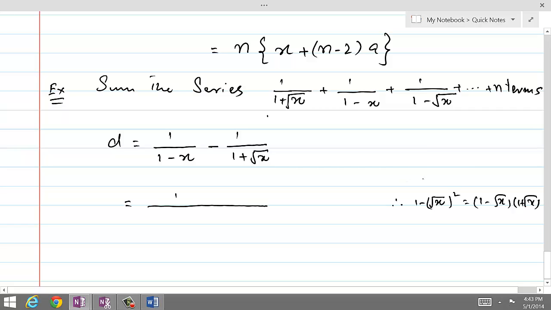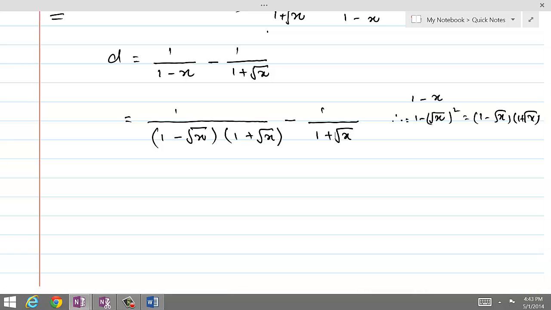A bit tricky, but that's how we can factorize. This can be written as 1 over 1 minus under root x times 1 plus under root x, minus 1 over 1 plus under root x.